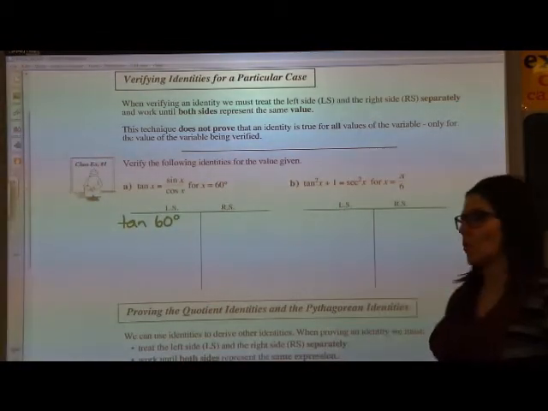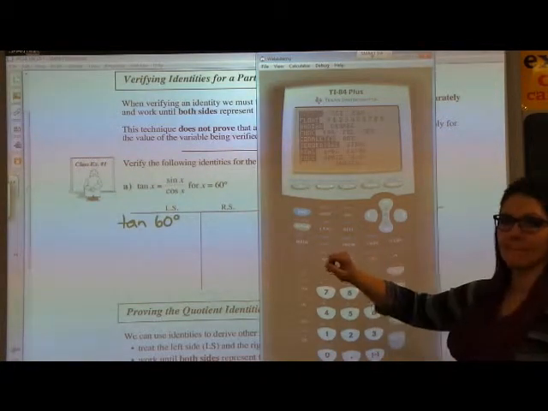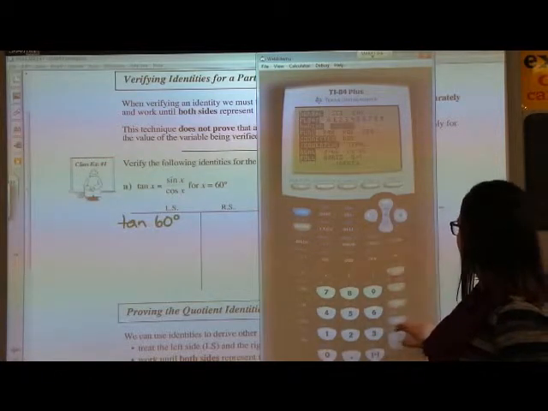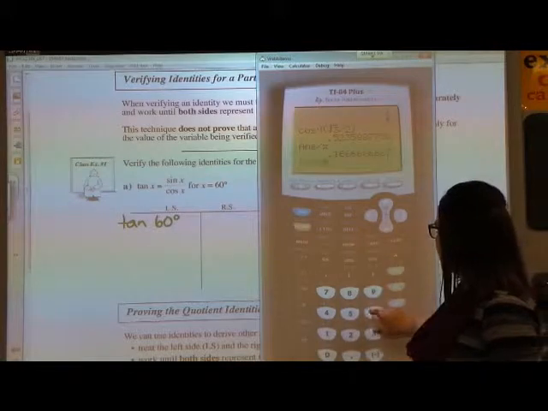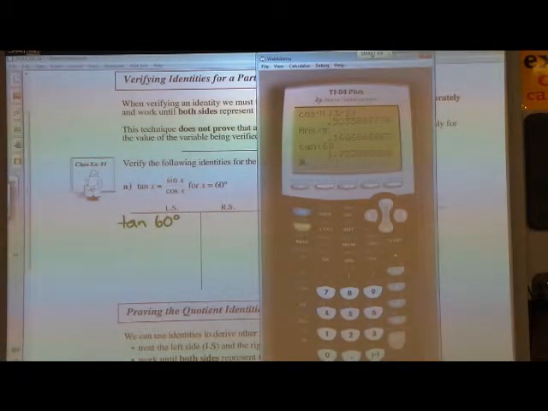First of all, what mode does my calculator have to be in? I need to be in degree mode. And then I press tan 60, and I get this number.